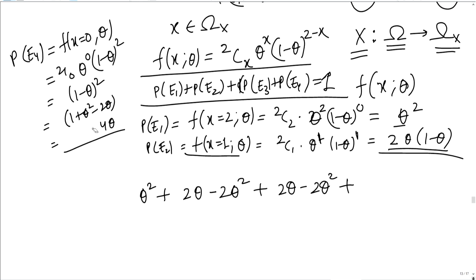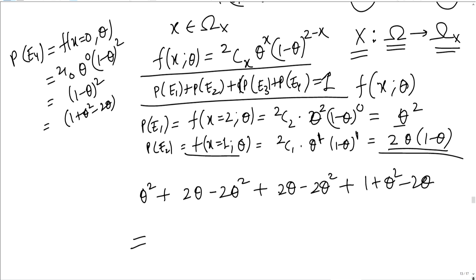So, it would be just 1 minus theta square minus 2 theta. So, 1 plus theta square minus 2 theta. Okay.